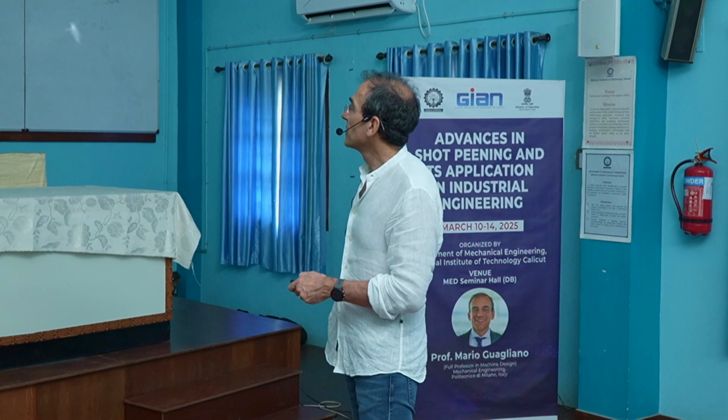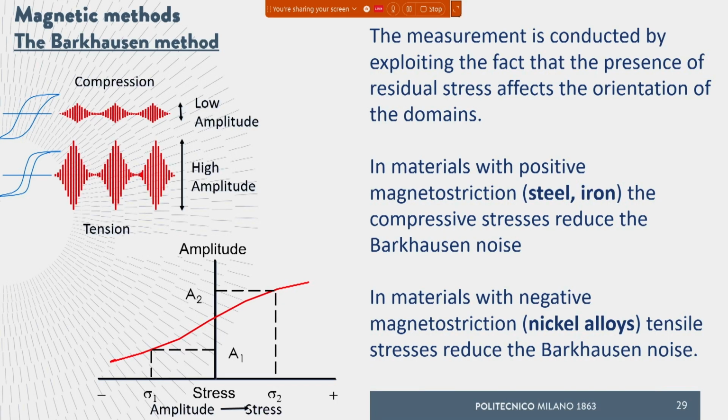By summarizing, the measurement is conducted by exploiting the fact that the presence of residual stresses affects the orientation of domains. If you have tension, the signal will be higher. This is for magnetic materials with positive magnetostriction, so steel and iron give this signal.